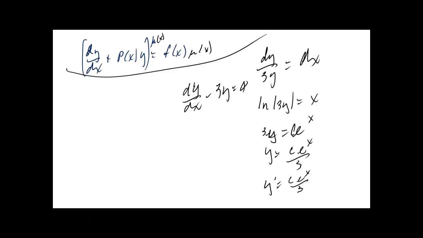Y prime would be c over 3 times e to the x. I mean that, but then this doesn't work, does it? That would be c e to the x over 3 minus 3 times c e to the x over 3. That doesn't equal 0.